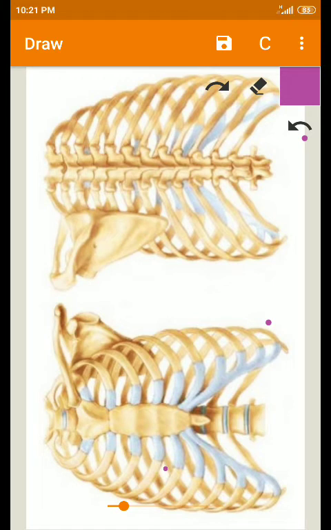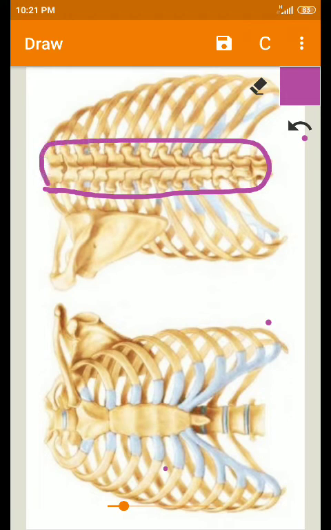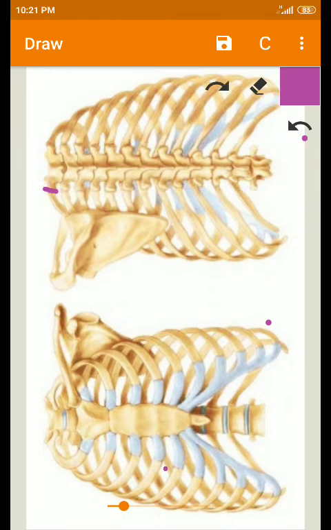So in the thoracic cage, the 12 thoracic vertebrae take part in the formation of thoracic cage. In the vertebral column, the thoracic vertebrae have more stability than the remaining vertebrae.